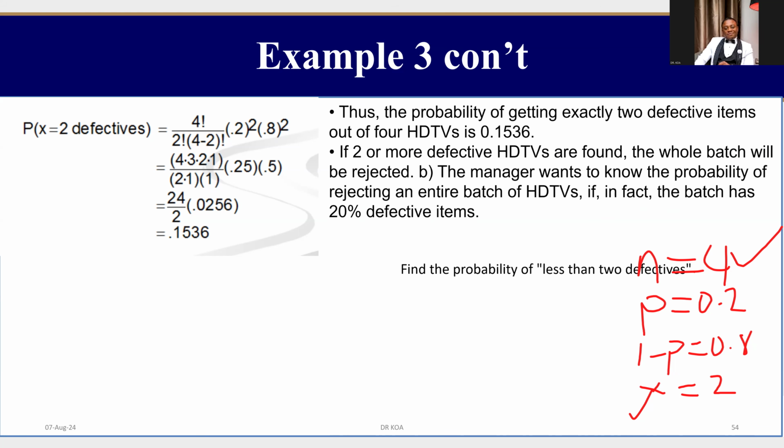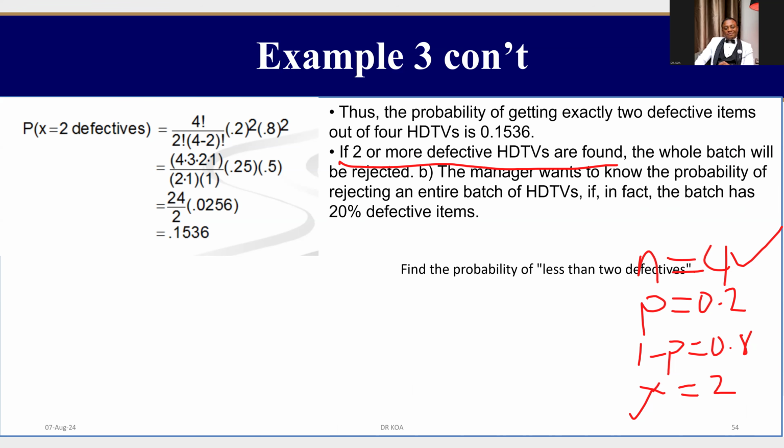If 2 or more defective HD TVs are found, see, the first one was exactly 2 are found. But this one, if 2 or more are found, then the whole batch will be rejected. That's not good.